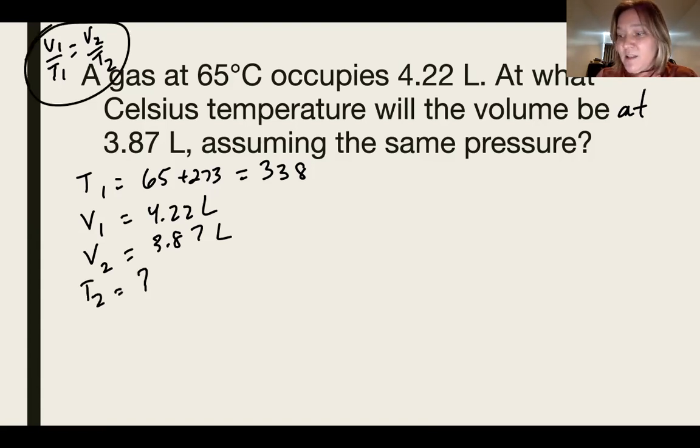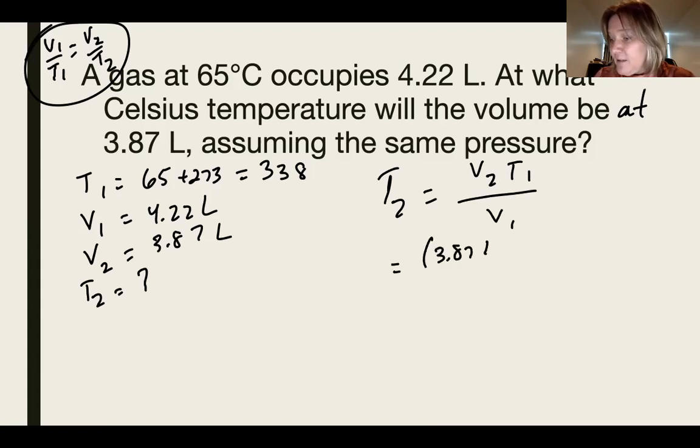Rearranging this equation to solve for T2, I've got T2 equals V2 T1 over V1. Substituting my numbers, 3.87 liters times 338 over 4.22.